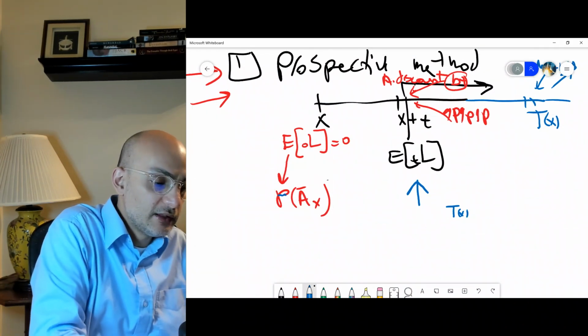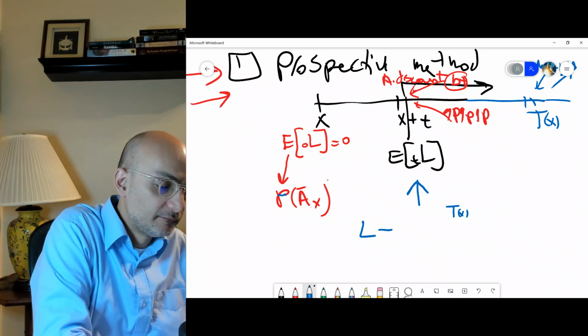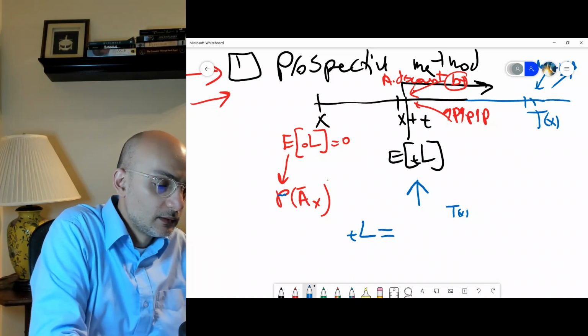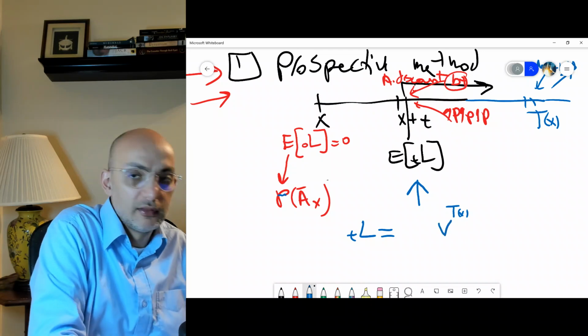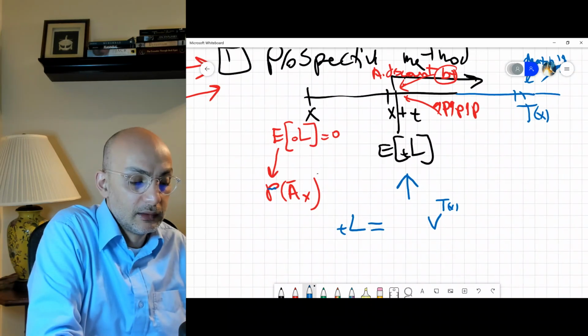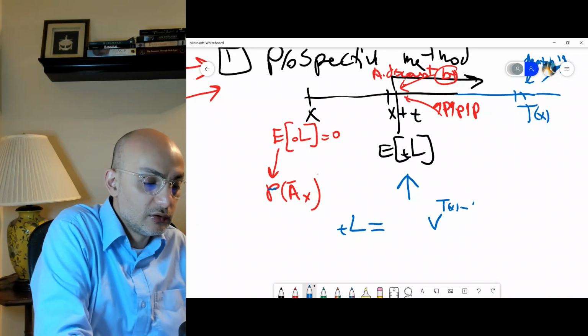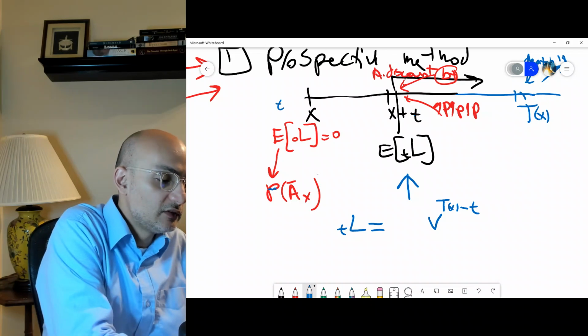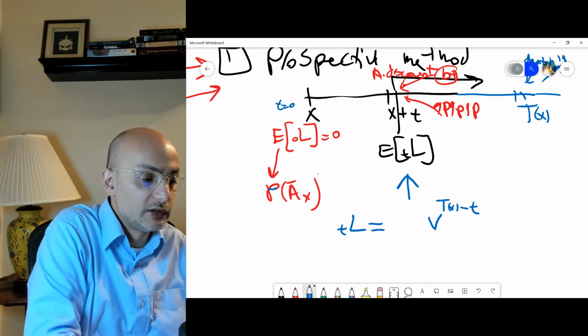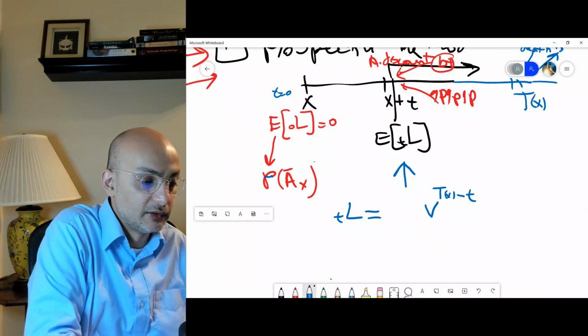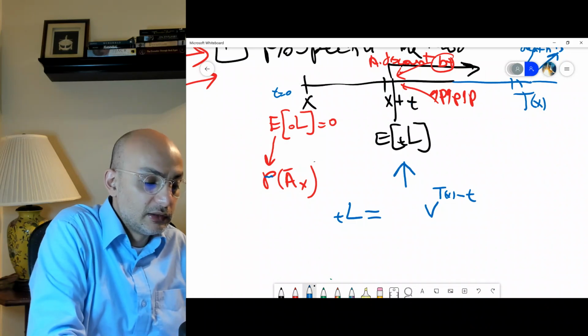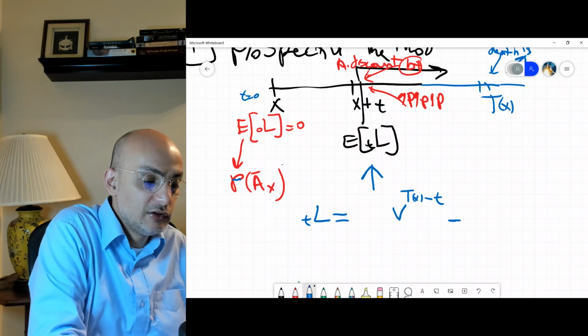So you discount it back, or let's define first L at time t. Now you have v, the discounted value, but it's not T_x, you discount it back only to t, so only to x plus t, right? And here t is equal 0, time of issuance of the benefit, right? But now this is what you are expecting to pay.